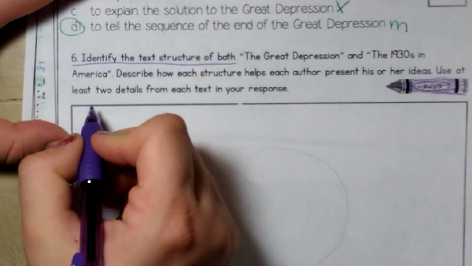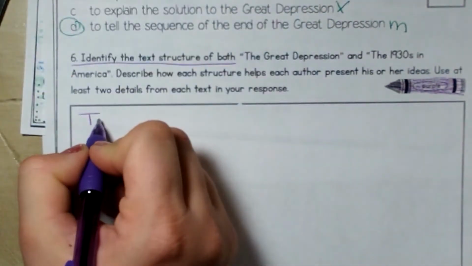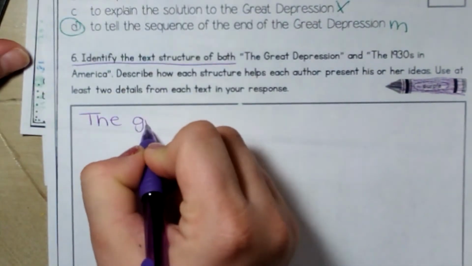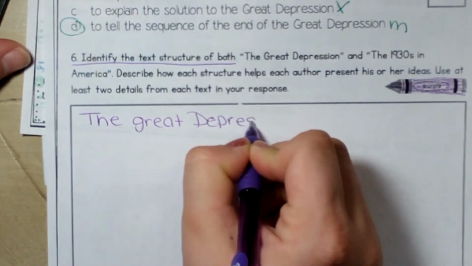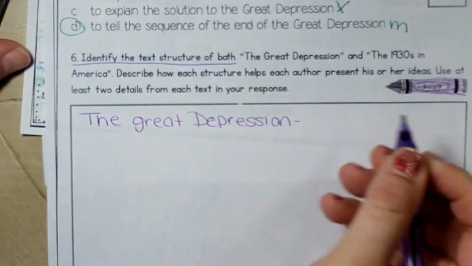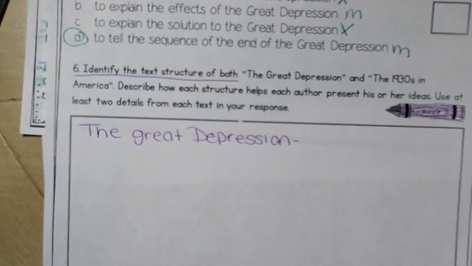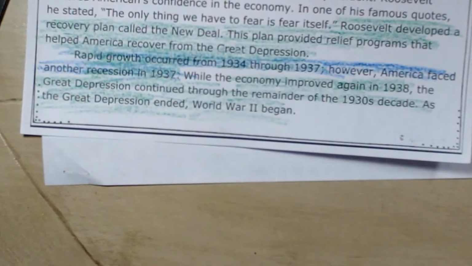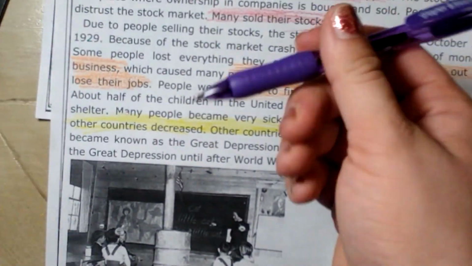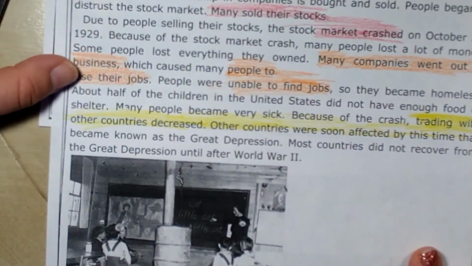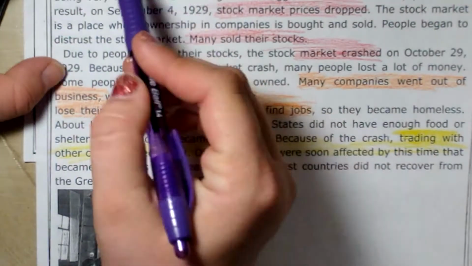So let's see, the Great Depression. The first passage, I'm going to reread it and put boxes, I'm just going to use any color, around keywords. That will show me the text structure.